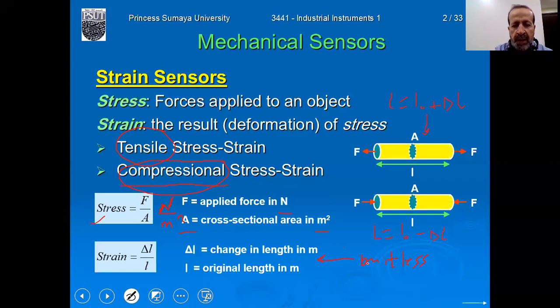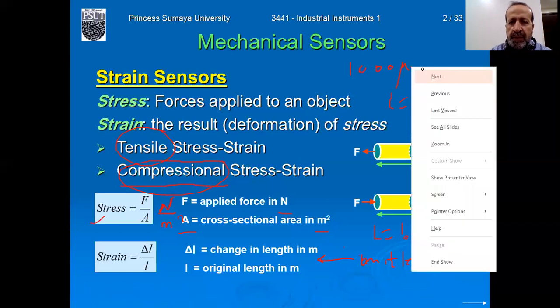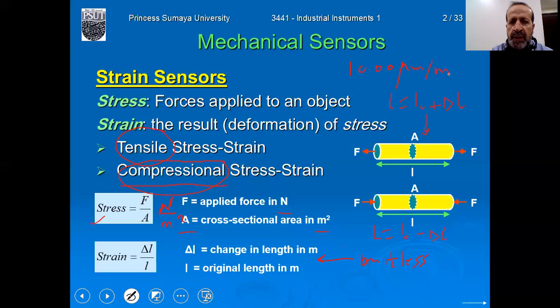But generally speaking, the practice between engineers and scientists is to put a unit for the strain. Say, for example, if we have a strain of 1000 micro, instead of putting it without a unit, the practice is to put a unit, for example, meter per meter or inch per inch.